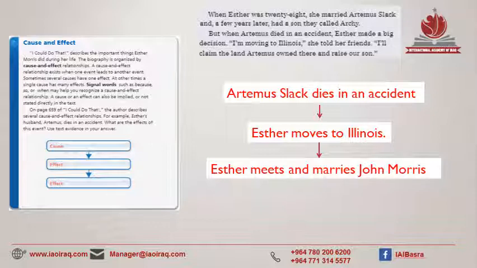I mean, she moved there because Artemis died, to get away from it and to go raise their son. Esther meets and marries John Morris wouldn't have happened if Esther was still married to Artemis. So these are effects. And you can carry on and go on about effects, and that could have led on to her changing the amendments. But yeah, so that's basically cause and effect, guys.